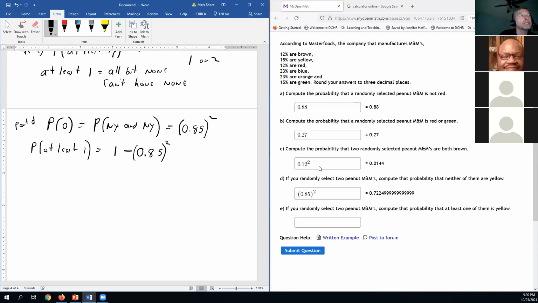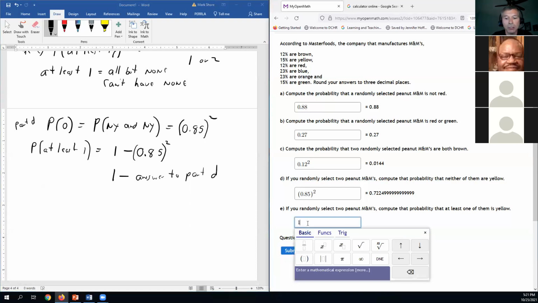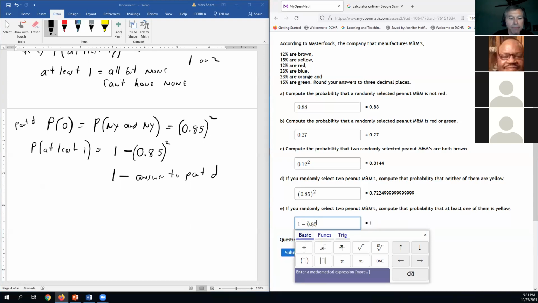You get your answer to part D, whatever it is, make sure it's right. But if part D is right, all you have to do to get the answer to part E is take 1 minus your answer to part D. So in general, you do 1 minus your answer to part D. Here's my answer to part D. My answer to part E is 1 minus 0.85 squared.